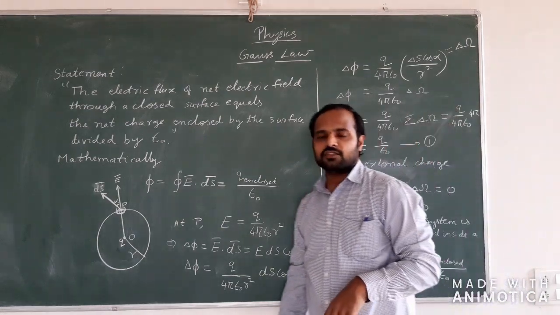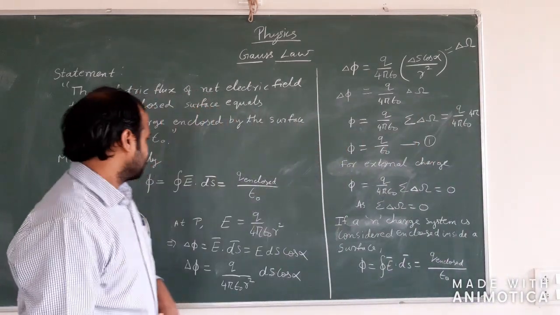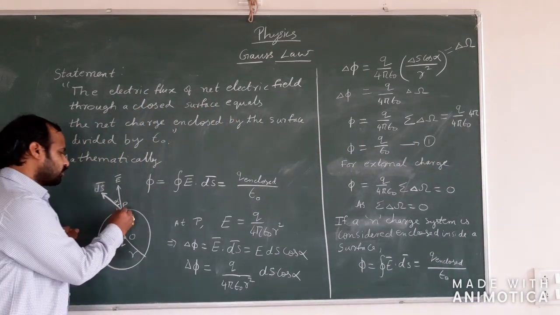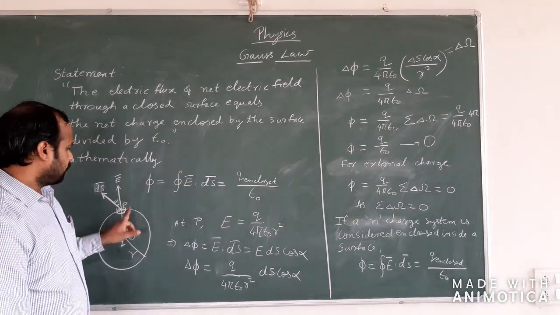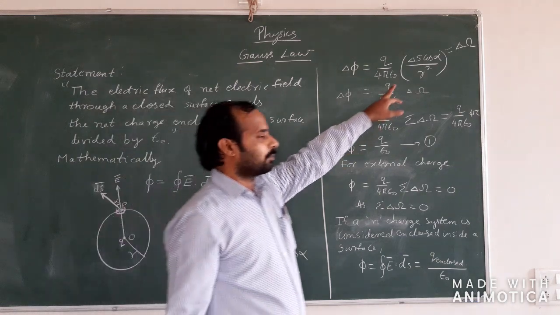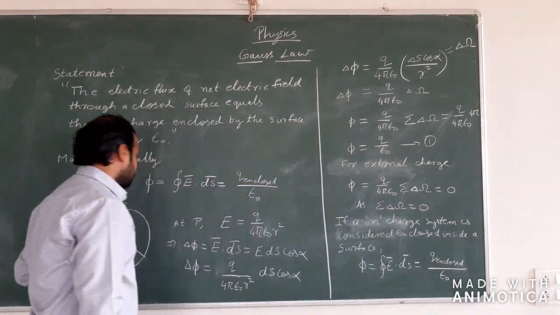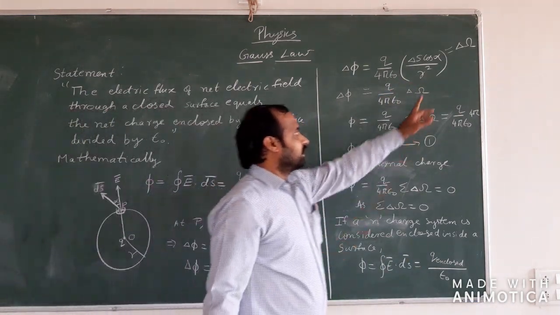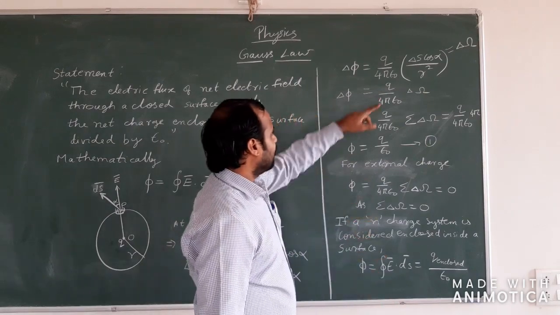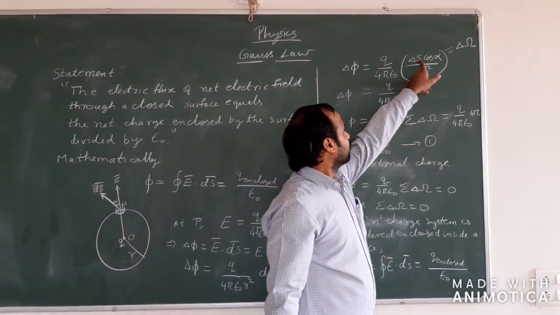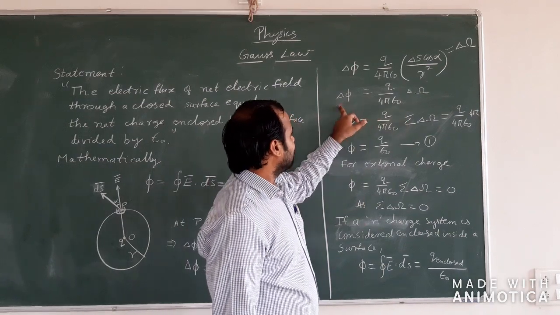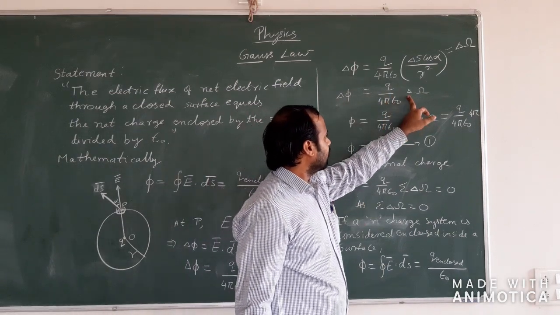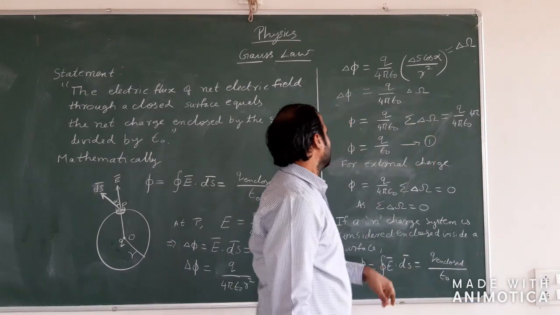This delta omega is called the solid angle, the solid angle subtended at the charge by the area at point P. So we substitute delta omega for delta s cos alpha by r square, and the equation becomes delta phi equals q by 4 pi epsilon naught delta omega.